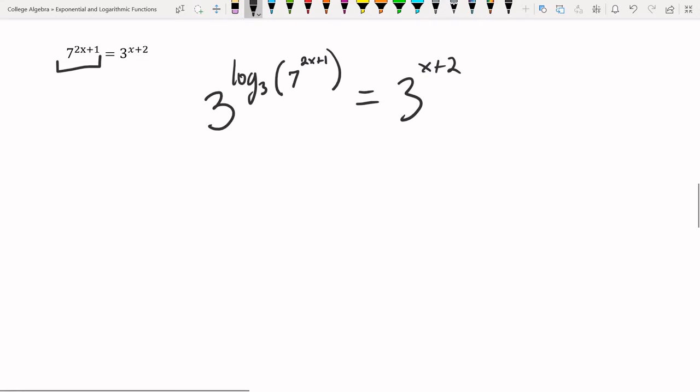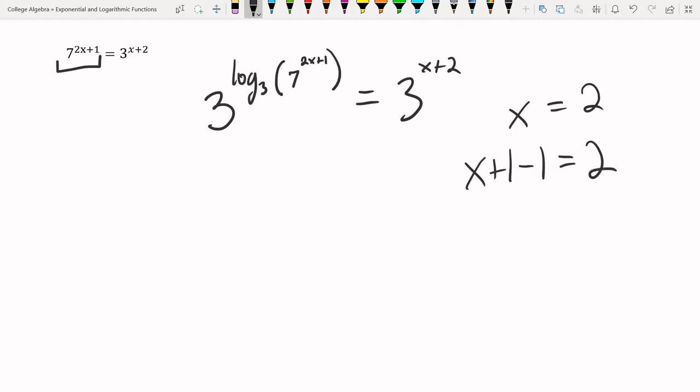I can do the same thing if I were to say x equals 2. I can do the exact same thing by saying x plus 1 minus 1 equals 2. As long as I put a function in and its inverse so that they cancel, in this case plus 1 and minus 1 cancel, then I have not changed the equation around at all.